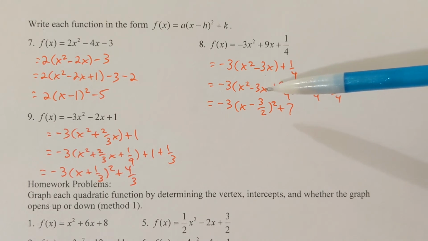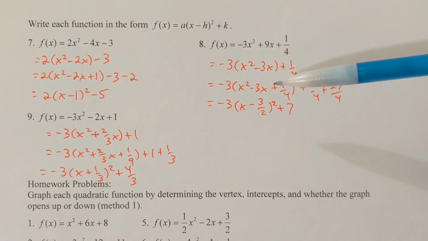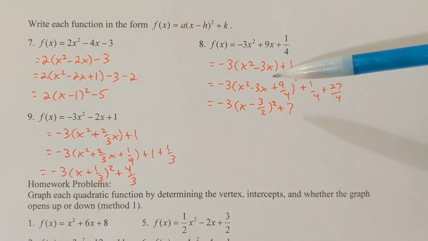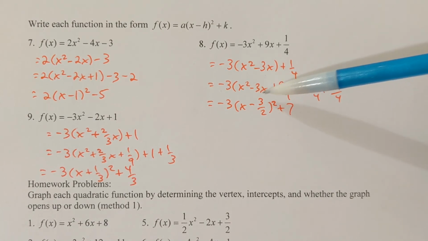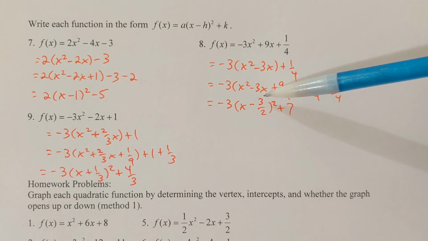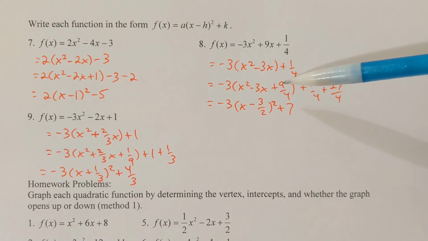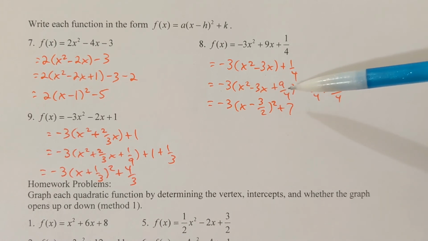Okay, so remember, I had to FOIL out negative 3 halves to get that 9/4 term.